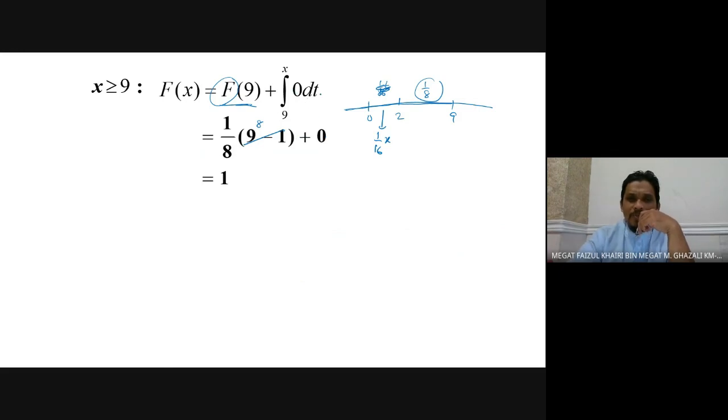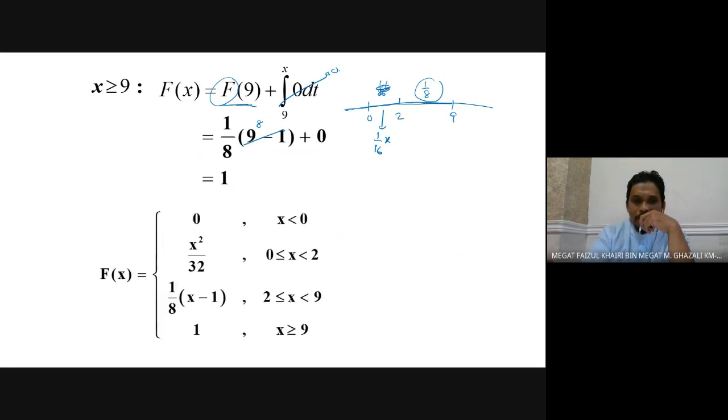The integral of 0 with respect to t automatically equal to 0. So then 8 multiplied with 1 over 8 equal to 1. Okay, so this is the cumulative distribution function, the accumulated one, capital letter F.